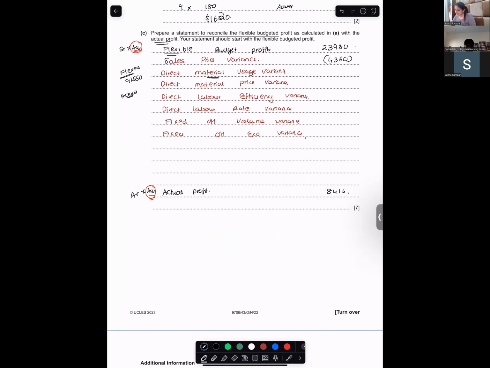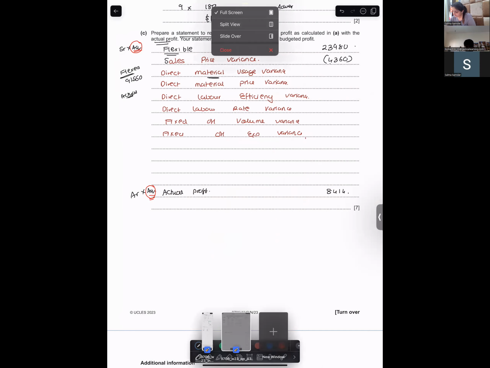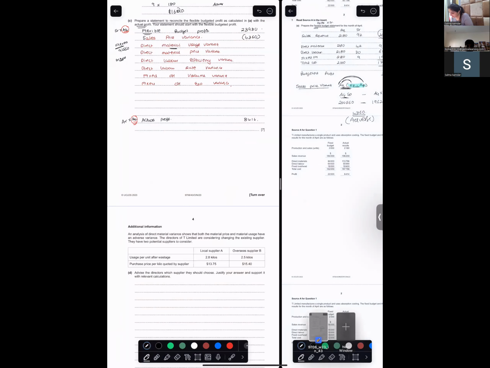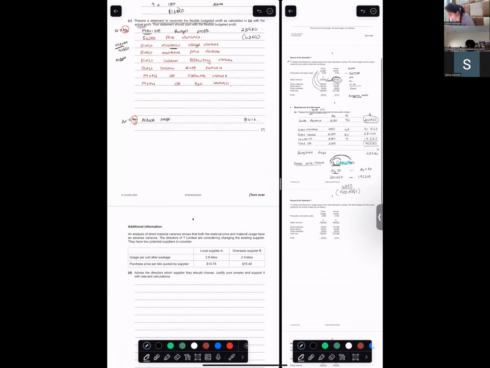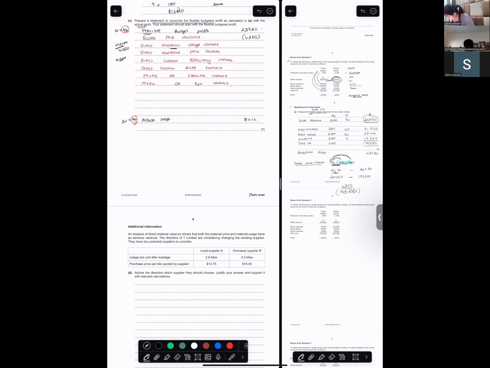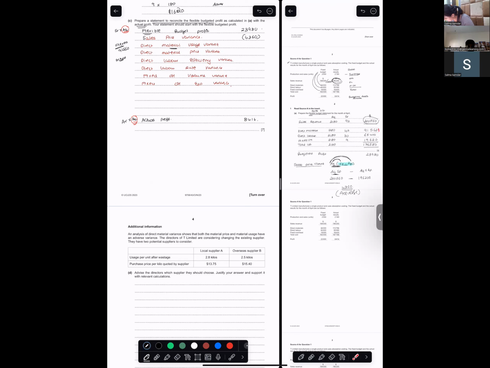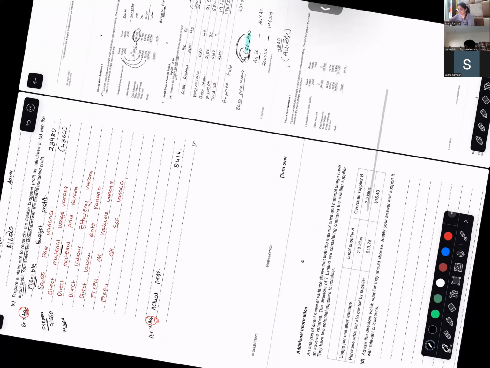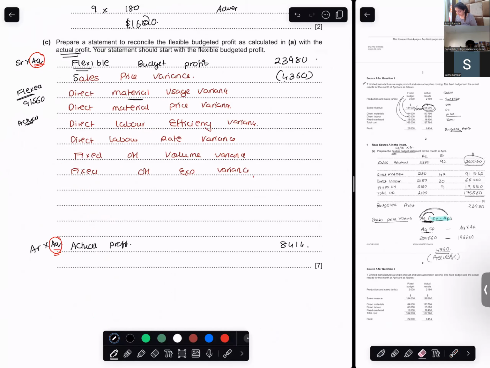What is your direct material cost as per the actual budget? 113,796. So this is your direct material cost as per the flex budget, 91,560, and this is your direct material cost as per the actual budget, 113,796. So you can directly find your direct material total variance, right?